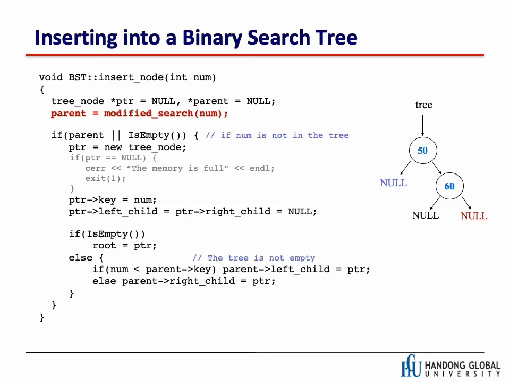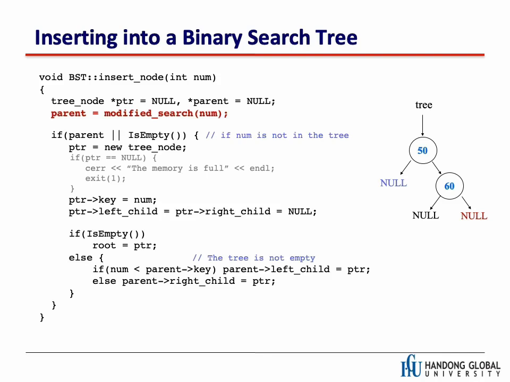Or if we want to insert key 60, it will return a null pointer. Or if the BST is completely empty, there's nothing there, then there is no such thing as a parent node. In that case, the parent will be a null pointer too.